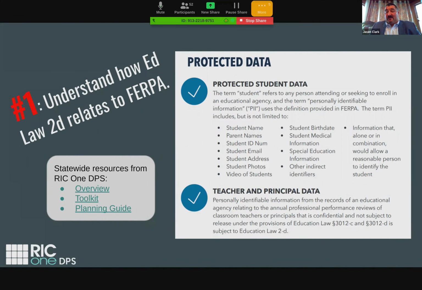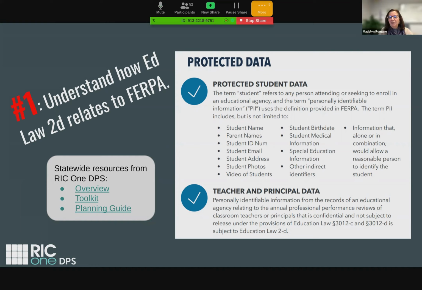So that, along with any other piece of information, really needs to be protected under Ed Law 2D. That's one thing that I've really had to work with my districts to explain: yes, I know we've always treated directory information like it was, but now it's a little different because of Ed Law 2D.